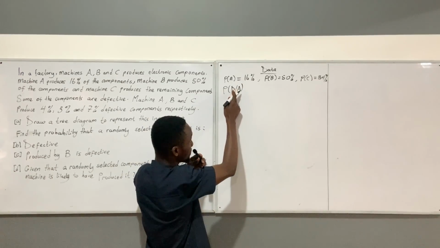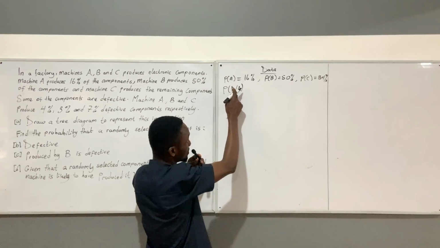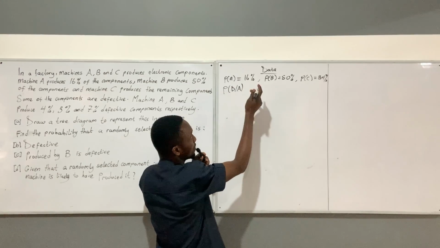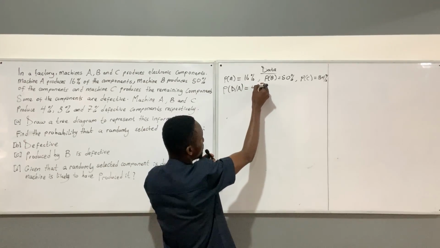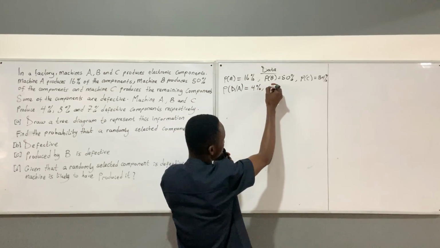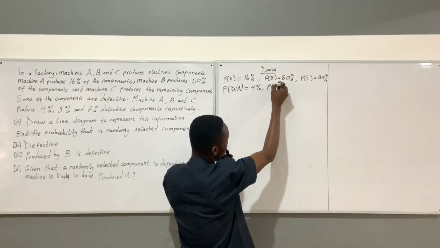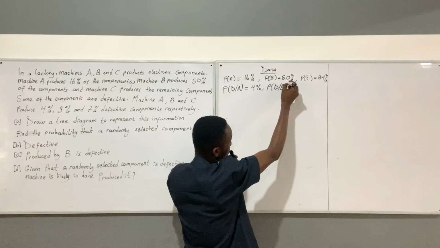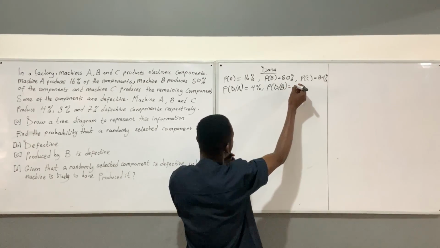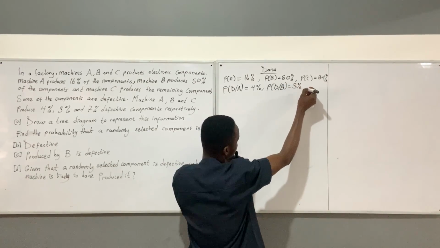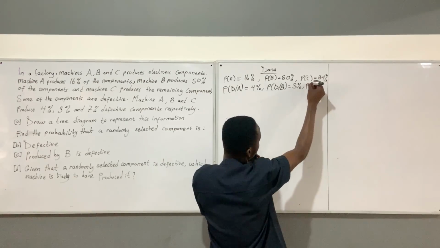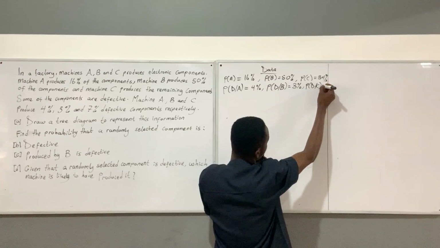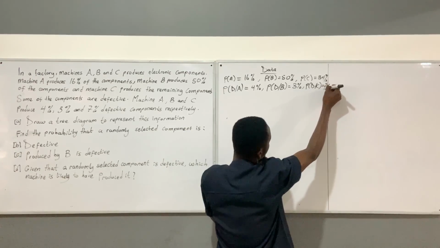So we are finding the probability of a defective coming from machine A, and that gave us 4%. Then the probability of a defective coming from machine B gave us 3%, and the probability of a defective given C has occurred gave us 7%.